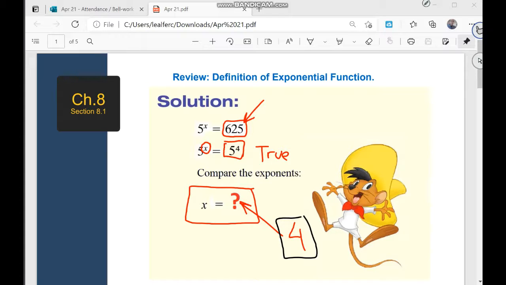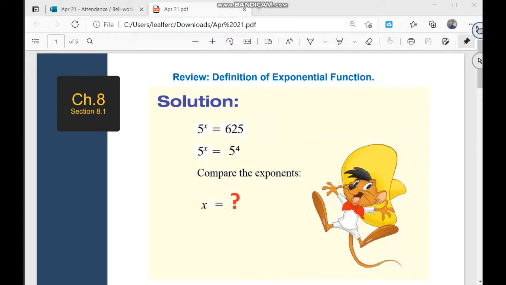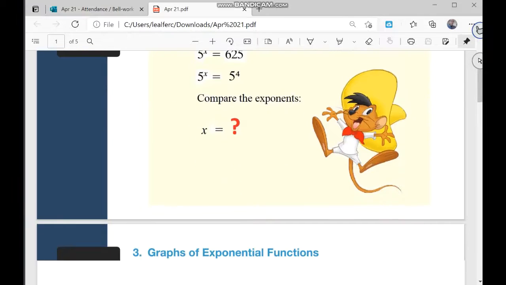We cannot have the same base and compare the exponents. How can we solve if we have this situation? And that's what we will do today, okay? We will learn how to use graphing to solve equations involving exponential functions.